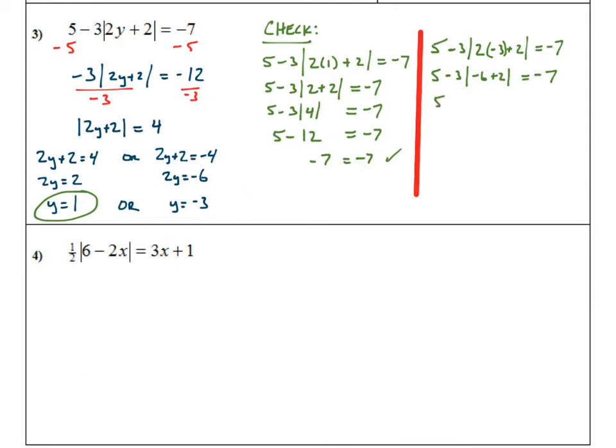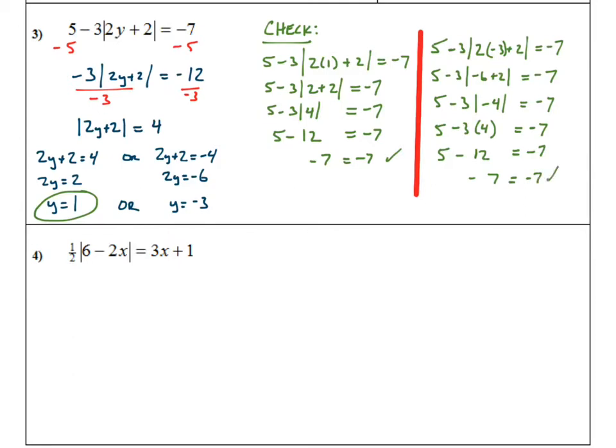Going a bit further, I'll have 5 minus 3 times the absolute value of negative 4 equals negative 7. Now it might be tempting here to think that this is going to become a positive 12, right? But it's not, because I need to do the absolute value first. Absolute value is a grouping symbol. And so the negative 3 hasn't changed, but the absolute value of negative 4 really becomes a positive 4. And therefore I'll end up with 5 minus 12 equals negative 7, which of course we can see is true.